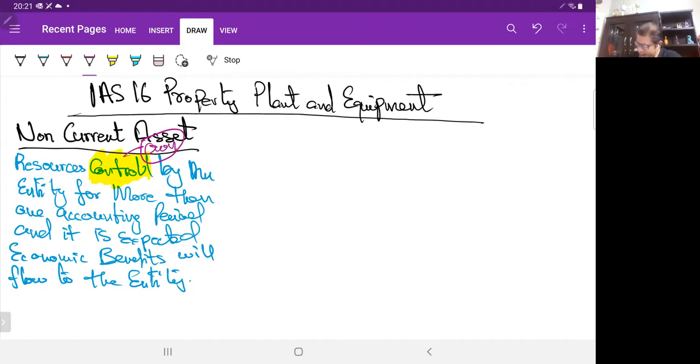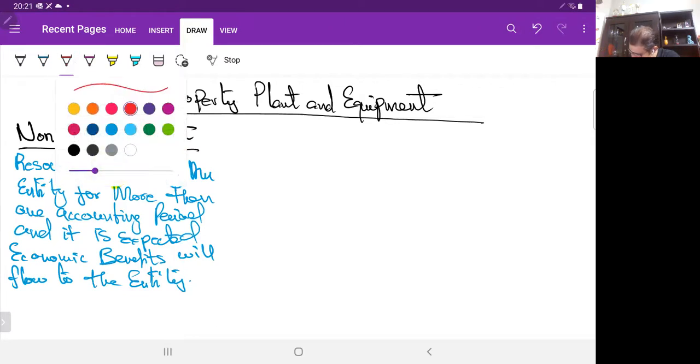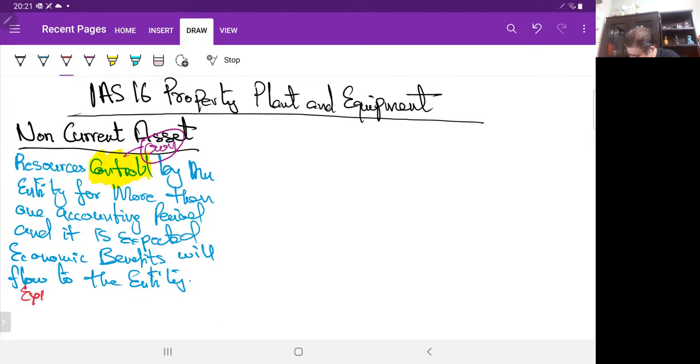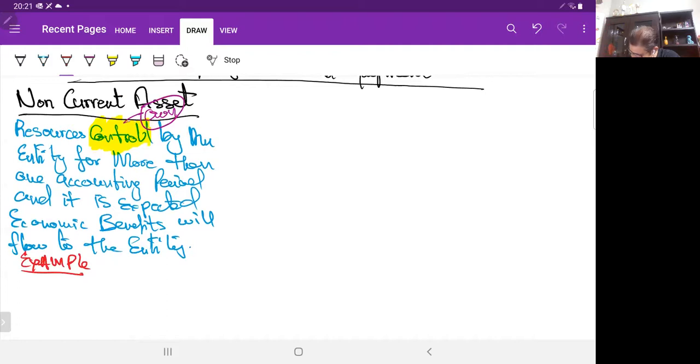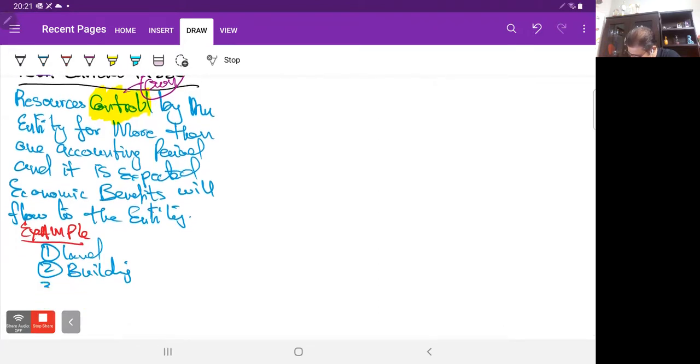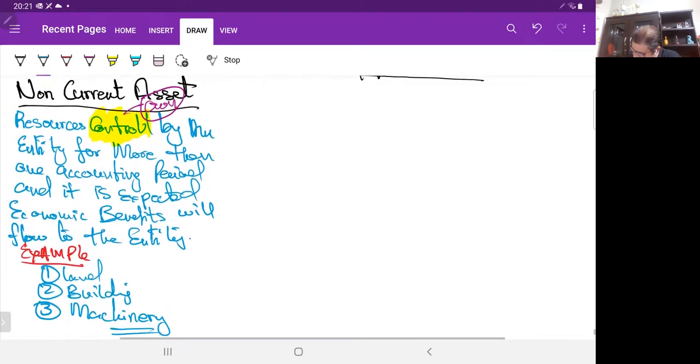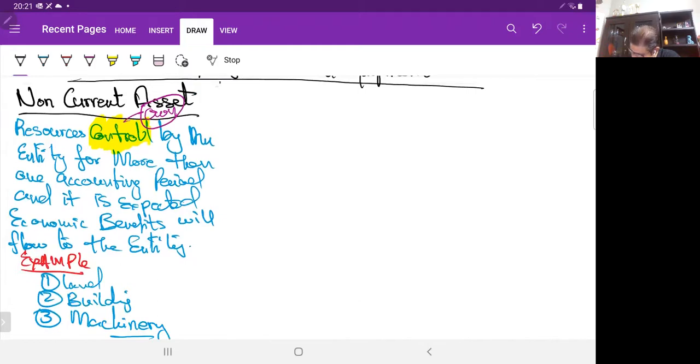Examples of these are land, buildings, machinery, etc. These are examples of non-current assets. So far, so good. I hope you get it till here.